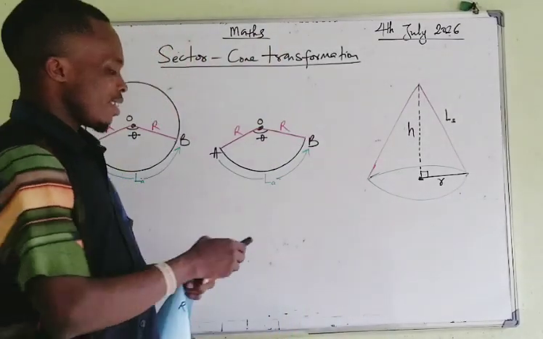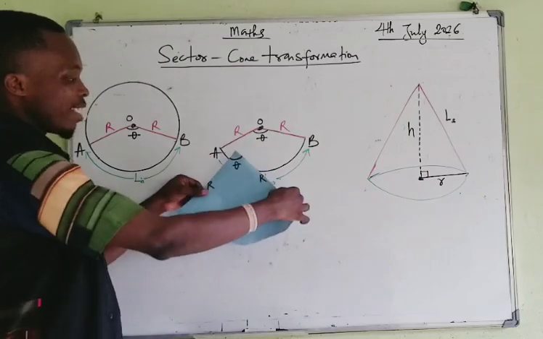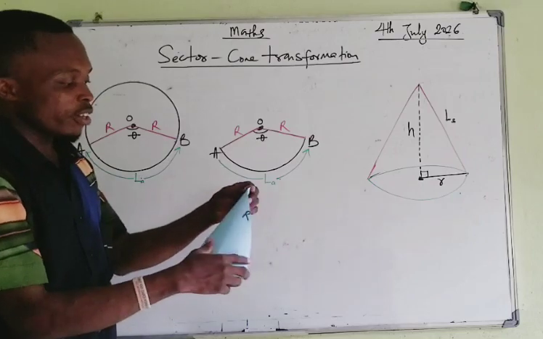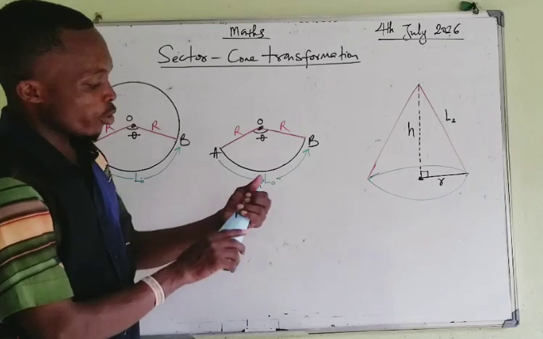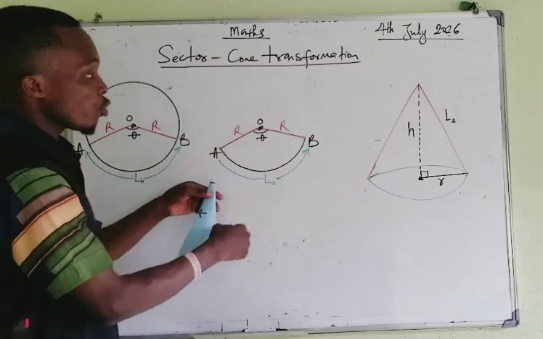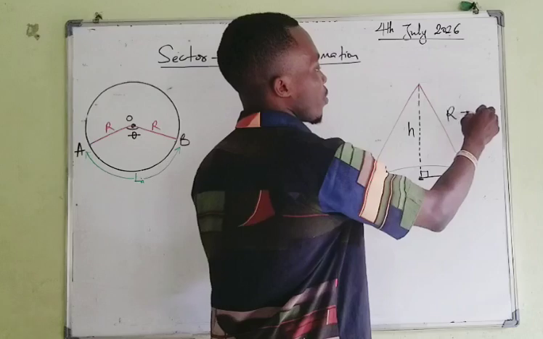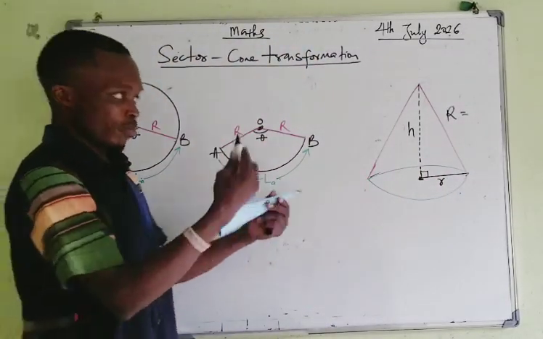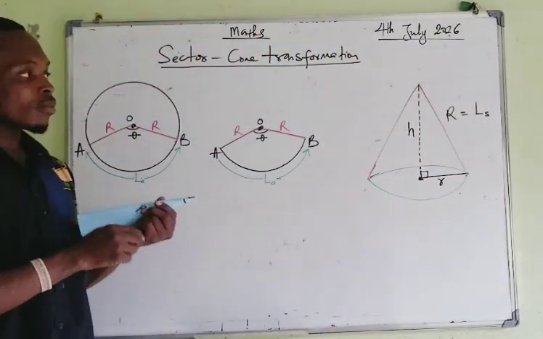If I have a sector of radius capital R, and you observe here, folding this, the radius of the sector now tends to be the same thing as the slant height of the cone.